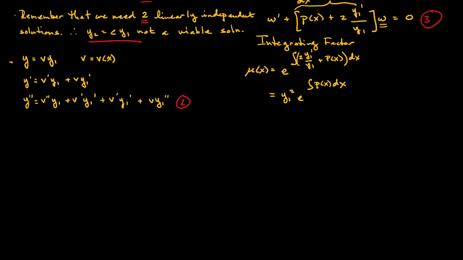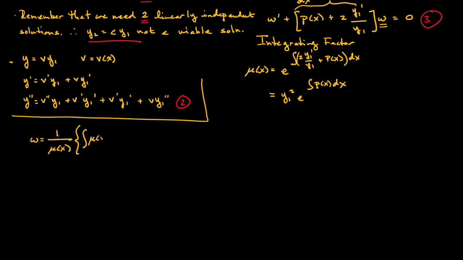So recall that the general solution for a first order linear ODE using the integrating factor method is of the form w is equal to 1 over mu of x multiplied by the integral of mu of x r of x dx plus c. In equation 3, we are actually dealing with a homogeneous differential equation.